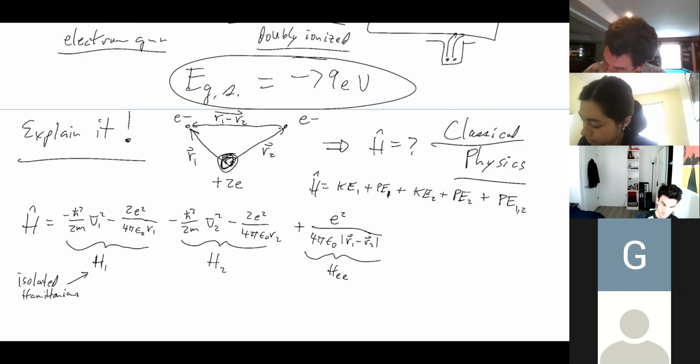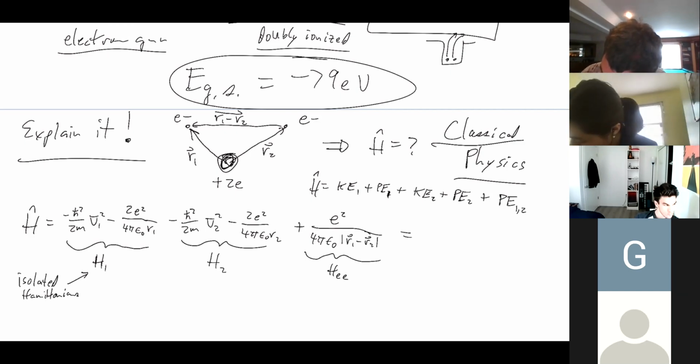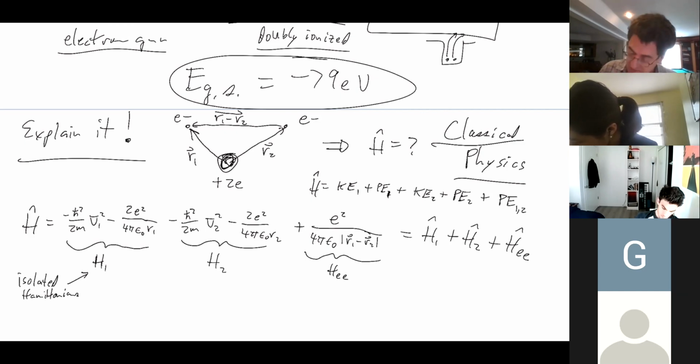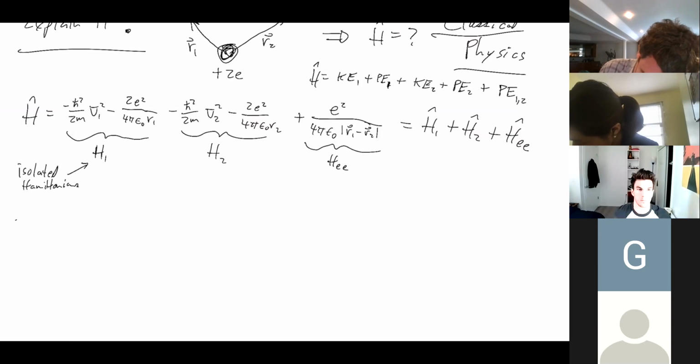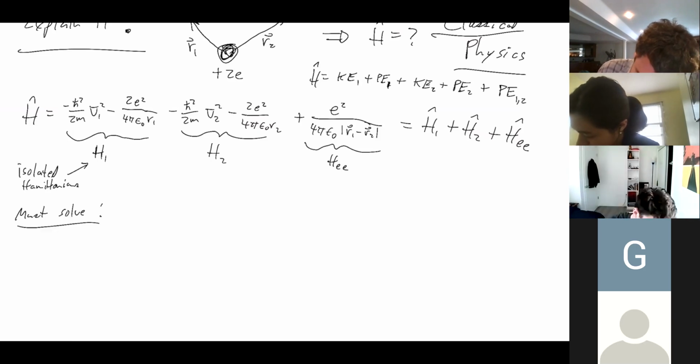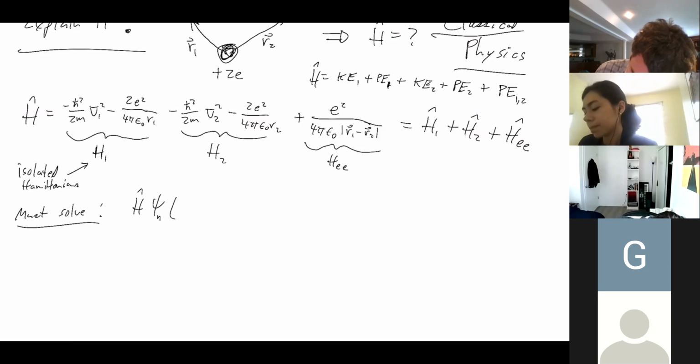So this is my Hamiltonian, H1 plus H2 plus HEE, and they're operators, right? Now you have to solve this. To find the ground state energy, you must solve H acting on a wave function, and that wave function is going to be a function of two variables.